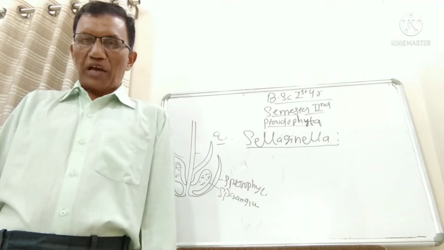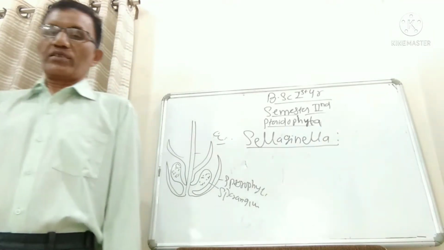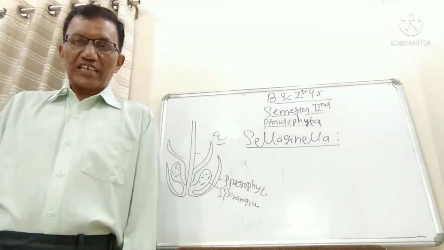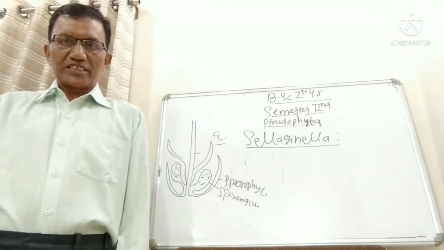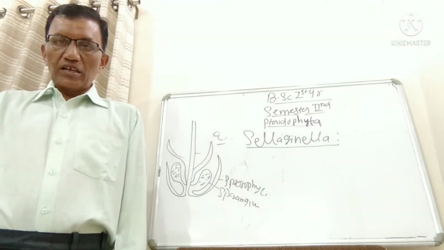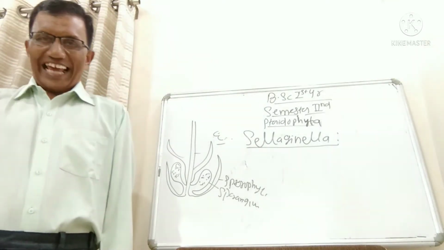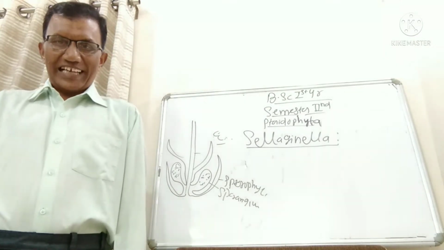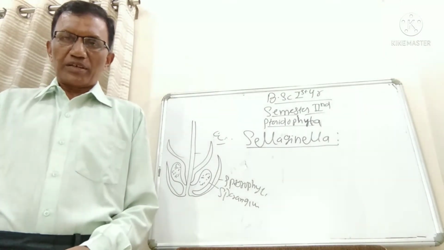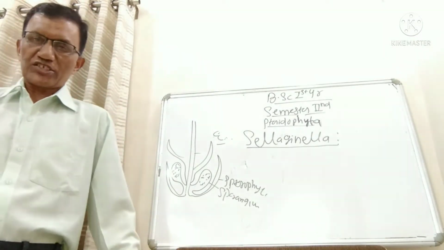On the gametophytic plant there is a formation of the male reproductive body, the antheridium, and the female reproductive body, the archegonium. Antheridium produces antherozoids and archegonium produces the egg. The fusion of male and female gametes is known as fertilization.